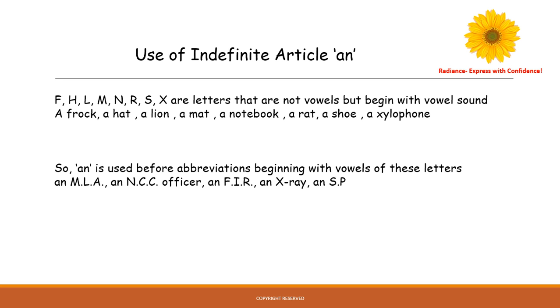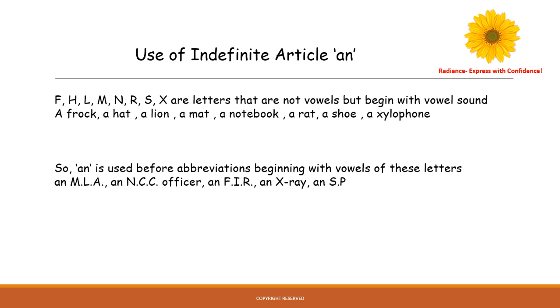But then what is the use of article an here? The use is when we use abbreviations with these particular consonants, the sound changes and that sound becomes a vowel sound. Like when I say M.L.A, if you carefully listen to it, this time I am not using the sound of M like in mat.